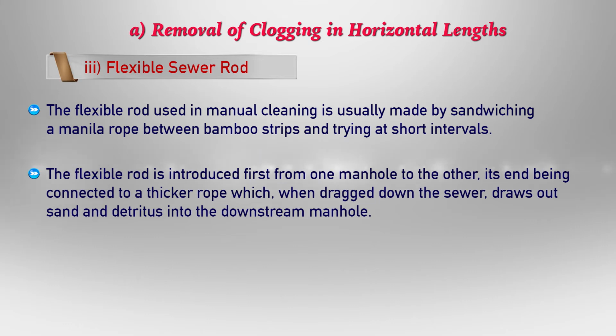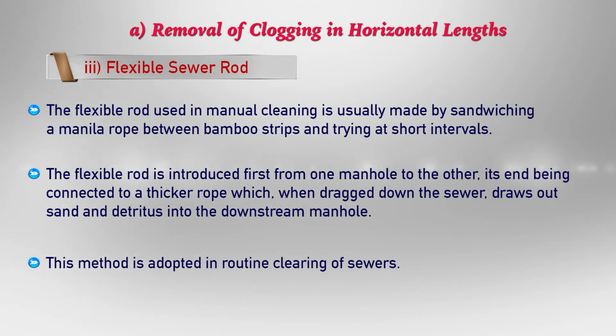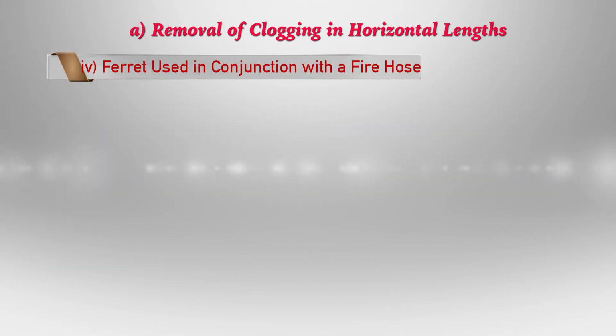The flexible rod is introduced first from one manhole to the other, its end being connected to a thicker rope which, when dragged down the sewer, draws out sand and detritus into the downstream manhole. This method is adopted in routine clearing of sewers. Another device which we use here is the ferret, used in conjunction with a fire hose.